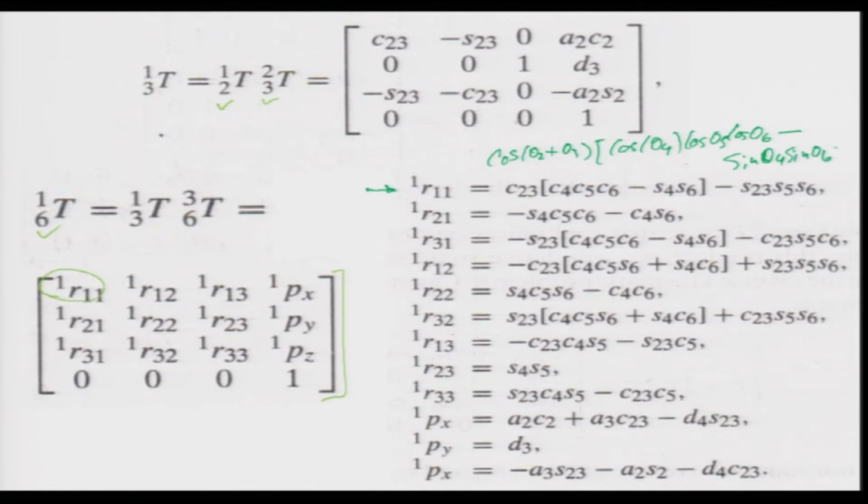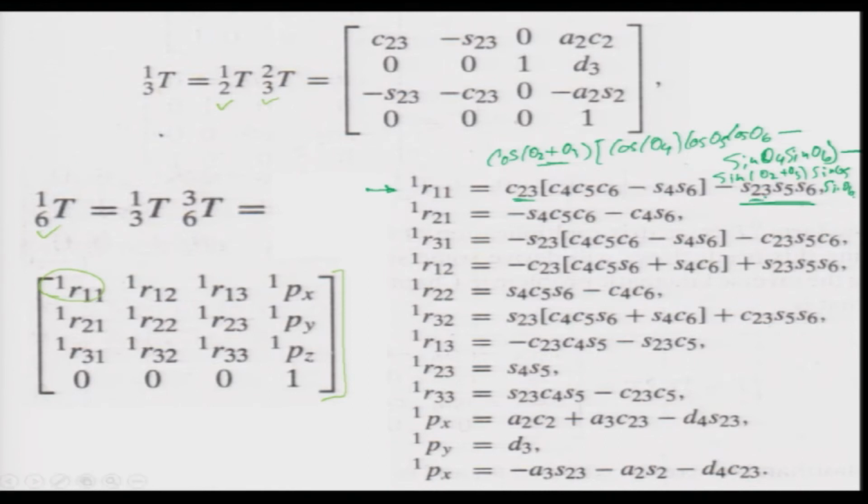So this one minus this term here, minus sin of theta 2 plus theta 3 into sin theta 5 into sin theta 6. It is written in short, but this actually means theta 2 plus theta 3, and again here it means theta 2 plus theta 3 here.